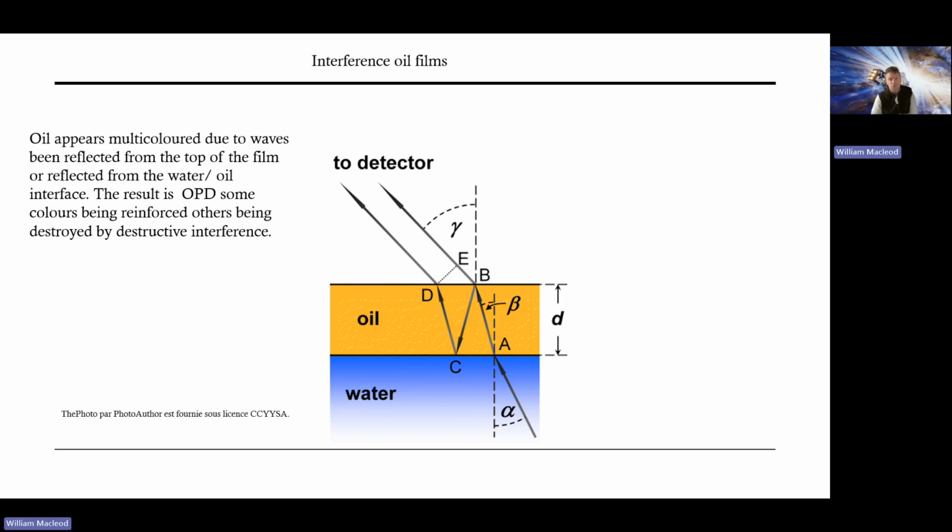The oil appears multicoloured due to waves being reflected from the top of the film or from the water-oil interface. The result is an optical path difference. Some colours will be reinforced, constructive interference. Other colours will be destroyed because of destructive interference. So this optical path difference results in the nice pattern that we see in oil-water mixtures.